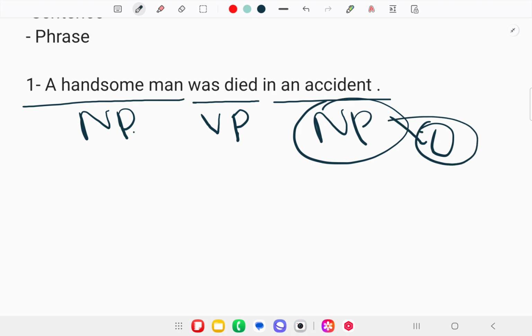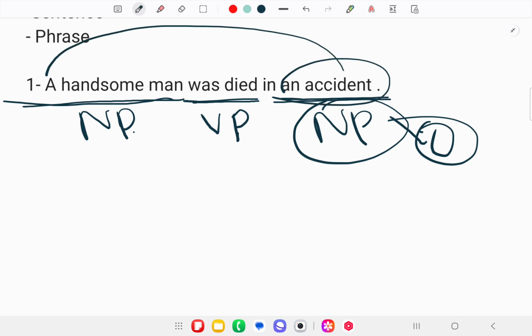Okay. Next we can see that we have three phrases, meaning three units that we cannot rearrange. If we rearrange these units, for example replacing in an accident to the subject portion, then this is known as an ungrammatical or incorrect sentence, because it doesn't follow the rules of the sentence and general rules.